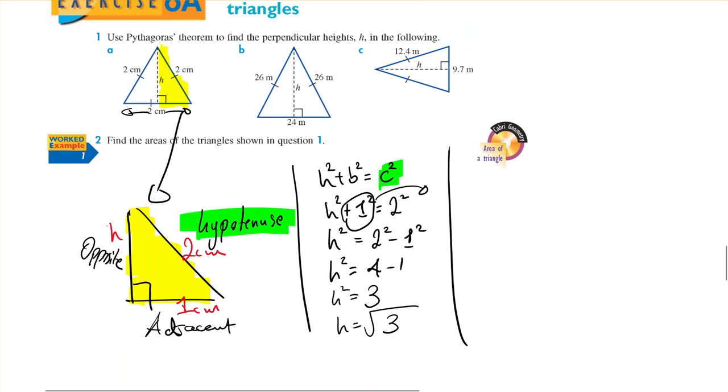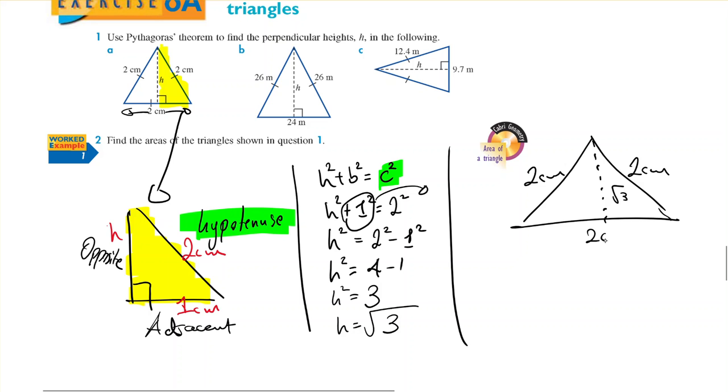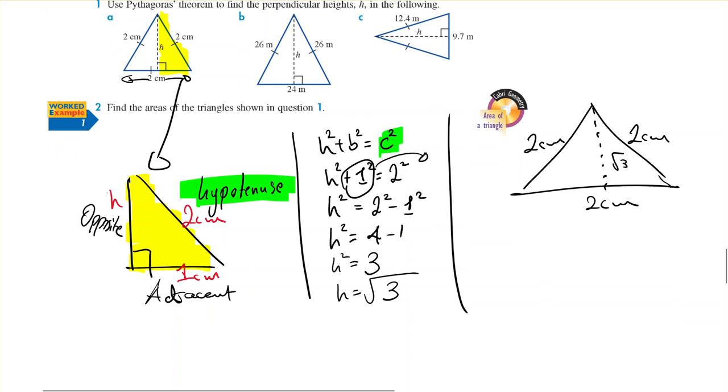Then from there, I can redraw my triangle. I know that h is square root of 3. That's 2 centimeters, 2 centimeters, and 2 centimeters. From here, you aren't given this formula in that when I asked you to write them down, but you know, area of a triangle is a half times the base times the height.